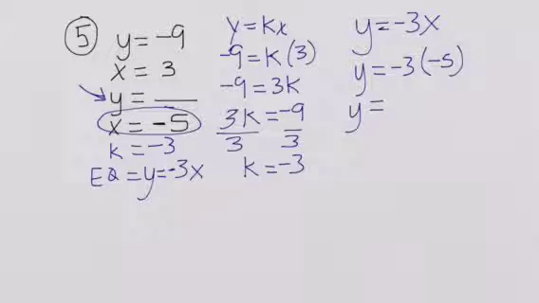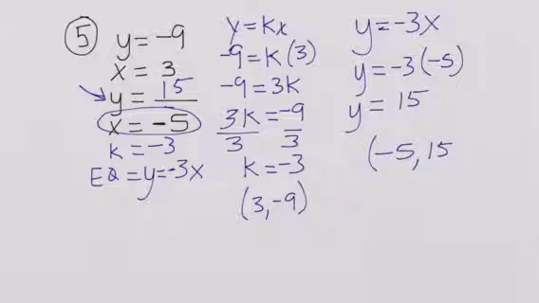So y is going to equal 15. So we have two ordered pairs. In the first equation, we used 3, negative 9 to find k. In the second equation, we used the negative 5 to find the 15.